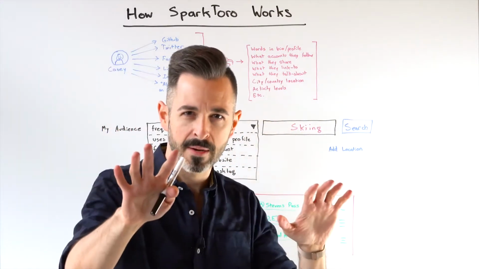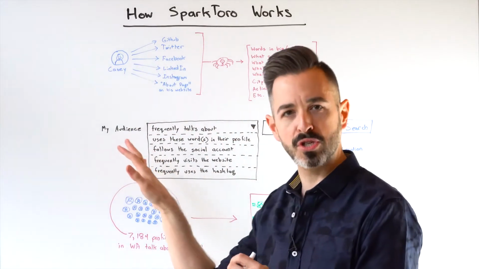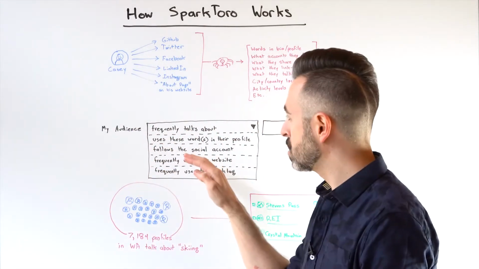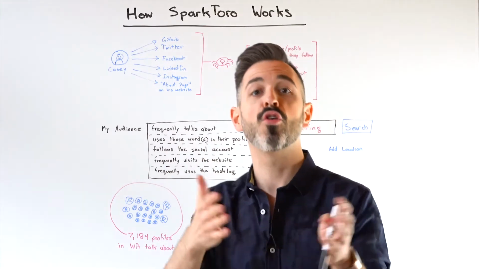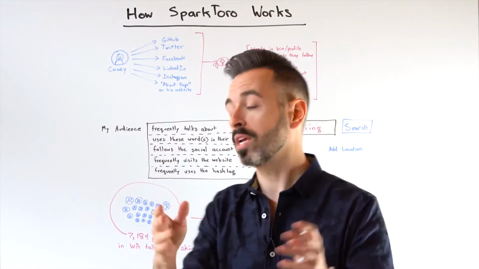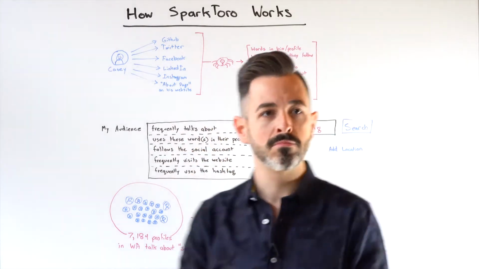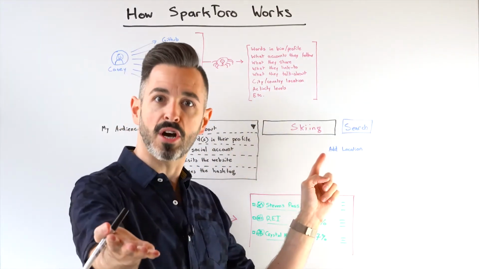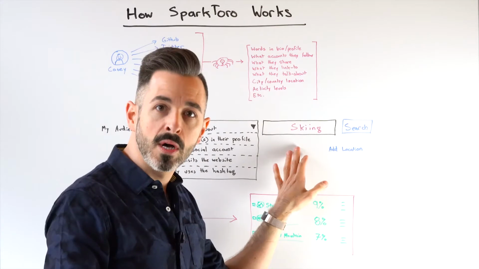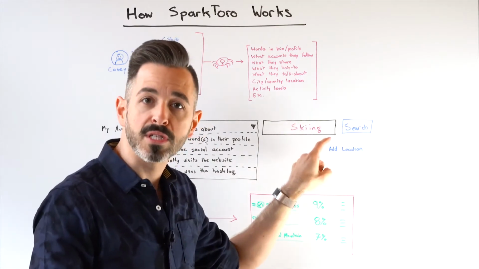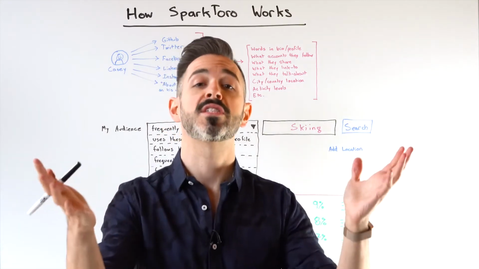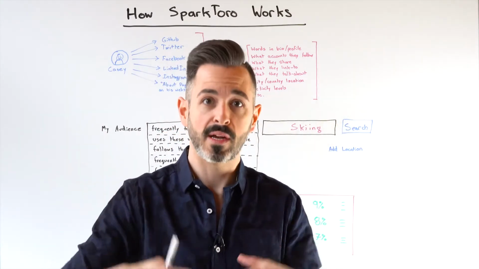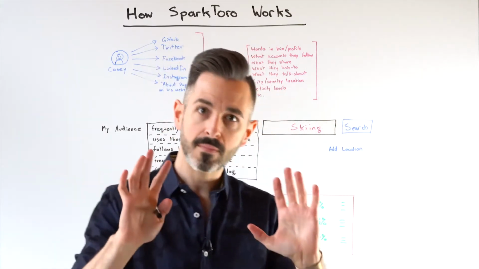So essentially, here's what I'm talking about. You perform a search like my audience uses these words in their profile, right? And you say co-founder. Or my audience frequently talks about skiing, right? Casey talks about skiing. So if you were to go in there and put skiing in, and then add the location Washington State, right, which is where Seattle is, where Casey lives, where I live.